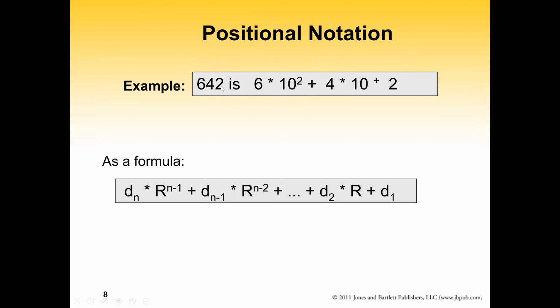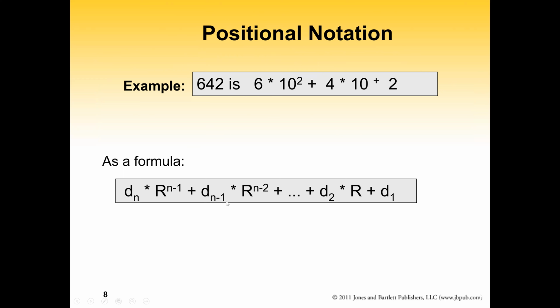And the first digit, we start from 10 to the power 0. That's why the second becomes 10 to the power 1, then 10 to the power 2. So that's why you see that the most significant value still will be n minus 1. So if n is 6 digits, then the exponent will be 5. If the base is binary, then 2 to the power 5 times the digit itself.